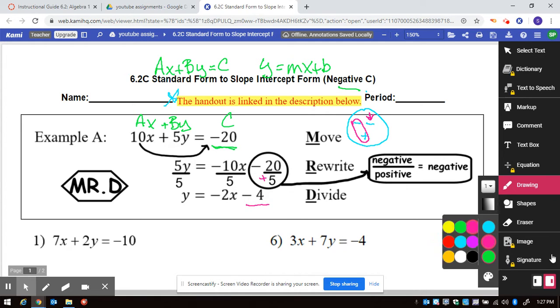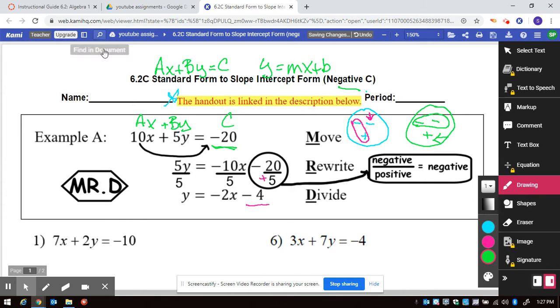Now, if the problem were negative 20 and negative 5 instead of positive, then both of those numbers would be negative, a negative and a negative, which means the answer will be positive. So let's see how that would work exactly.